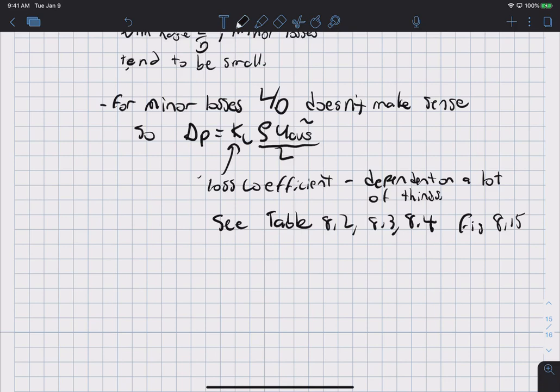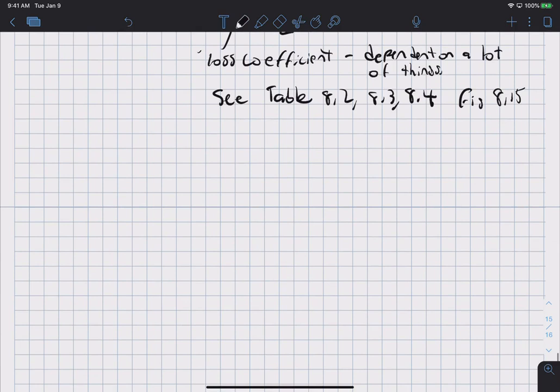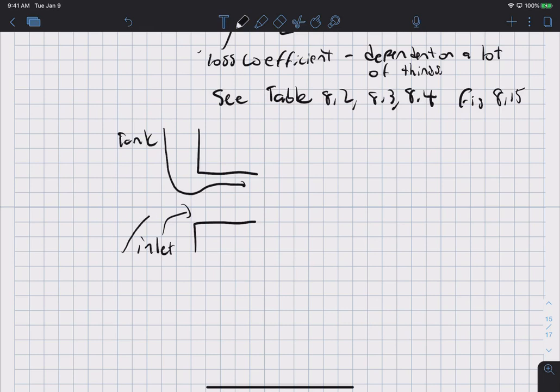Okay, and just to provide a few examples, if we have a tank and a square-edged inlet, the streamlines will go down, around, and over it, and the same thing for the bottom.